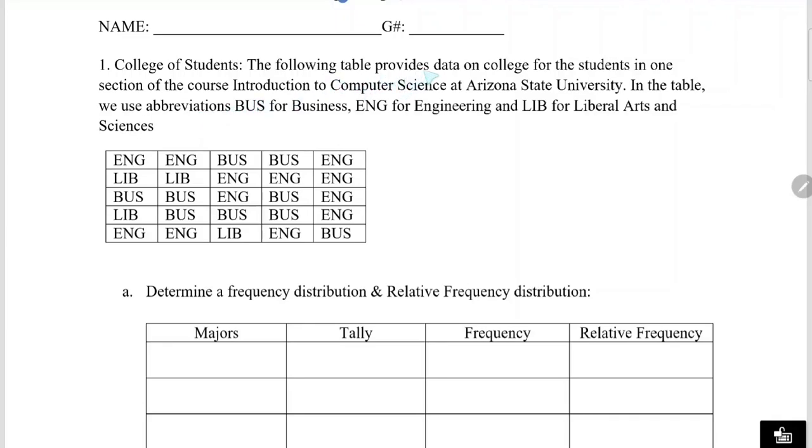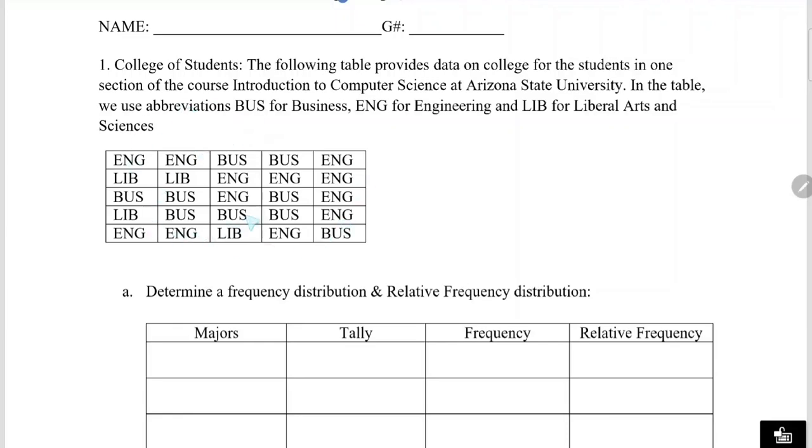The following table provides data on college for the students in one section of the course, Introduction to Computer Science at Arizona State University. In the table, we use abbreviations BUS for business, ENG for engineering, and LIB for liberal arts and sciences.